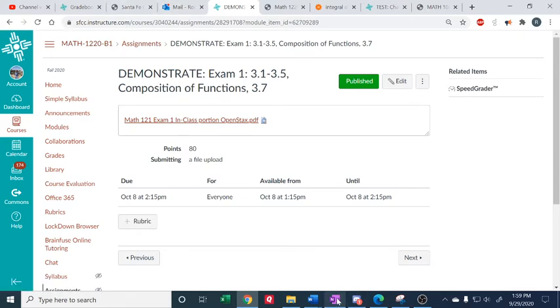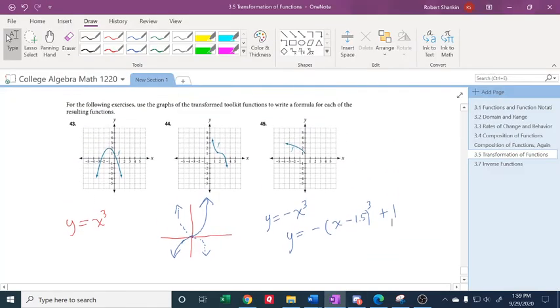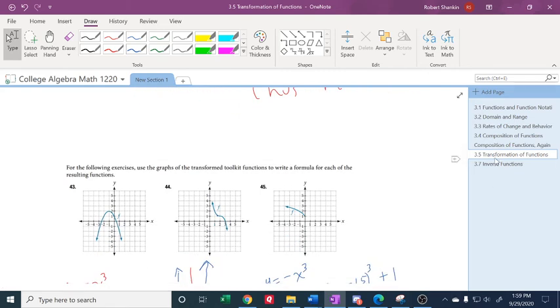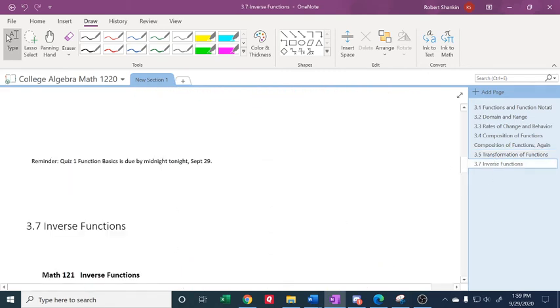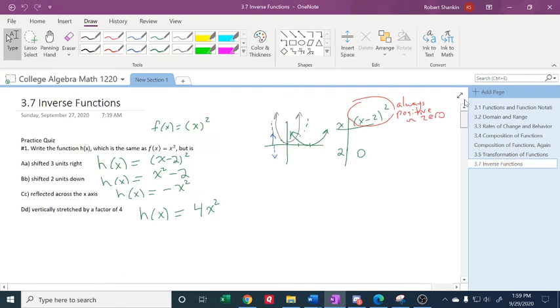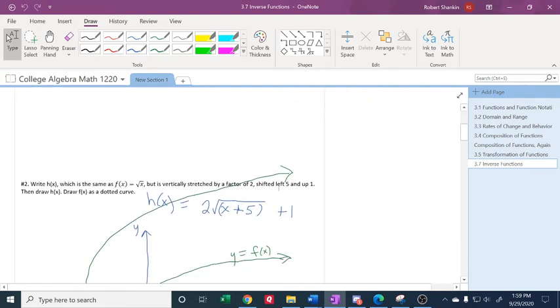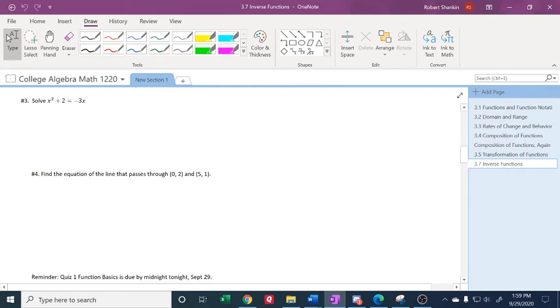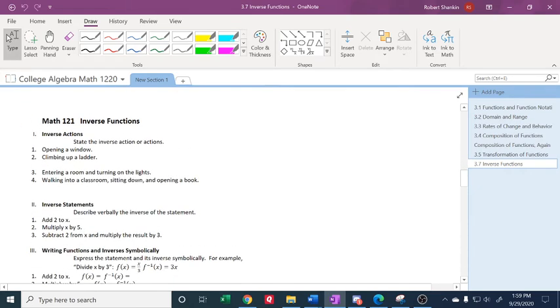All right, now let's go to inverse functions. We were doing this practice quiz stuff, so let's start this.